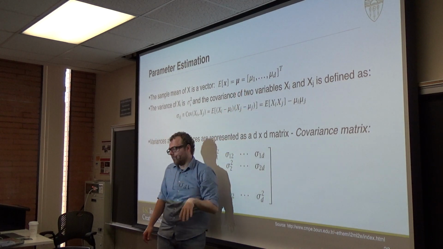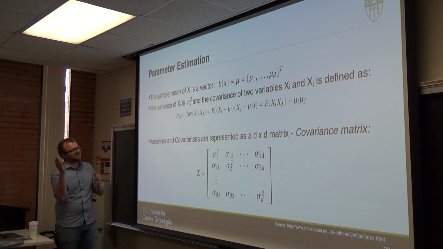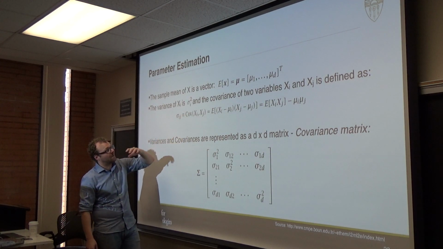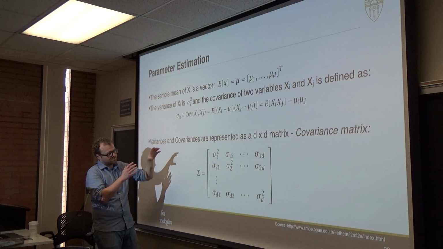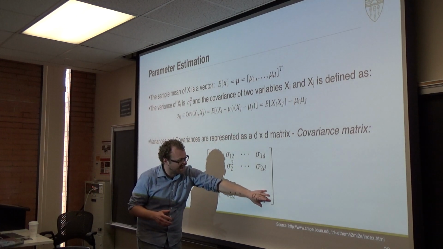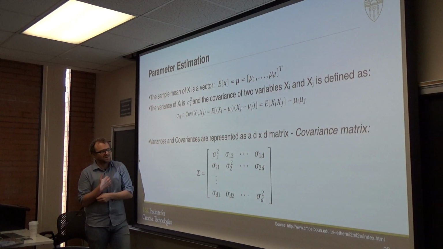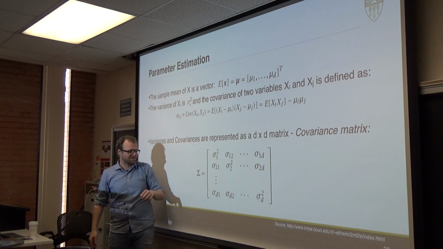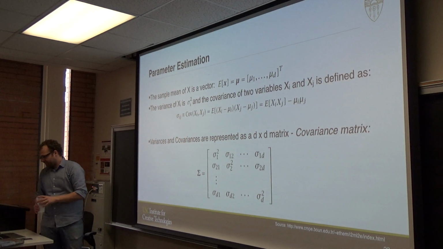There is not only one underlying mean value, but actually a series of mean values, and we don't just have a single variance, but a covariance matrix that has the variances on the diagonal and the covariances off the diagonal. This matrix is also symmetric across the diagonal, so the entries 1D and D1 are the same values. Okay.